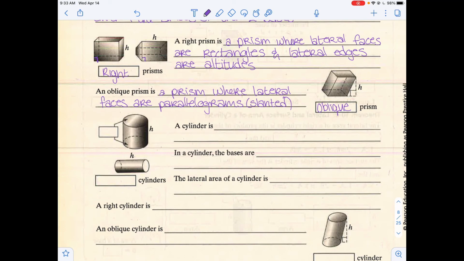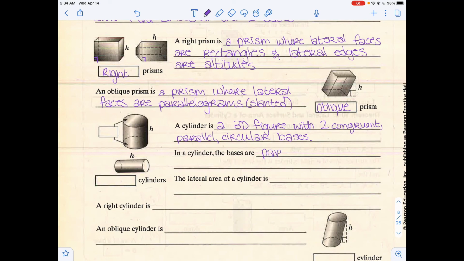Okay, cylinders. A cylinder is a 3D figure with two congruent parallel circular bases. In a cylinder, the bases are circles.